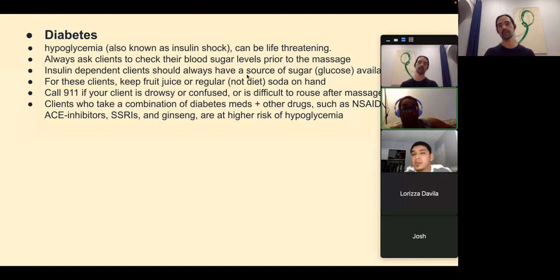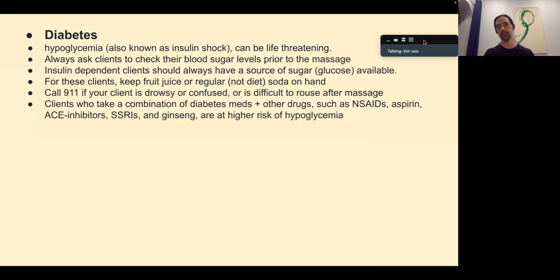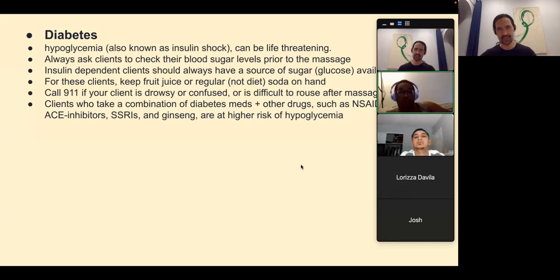Insulin dependent clients should always have a source of sugar available. In the worst setting, that's like a bag of gummy worms or a roll of lifesavers. In the best scenario, they've got a bag of nuts or some almond butter. They might have beef jerky or something high protein of that nature, or they might just have an extra muffin or a bagel on them.